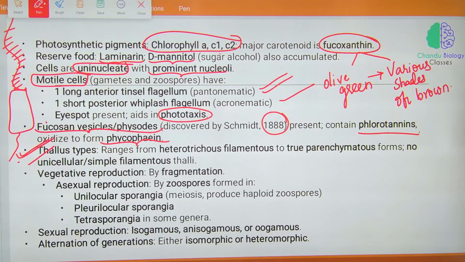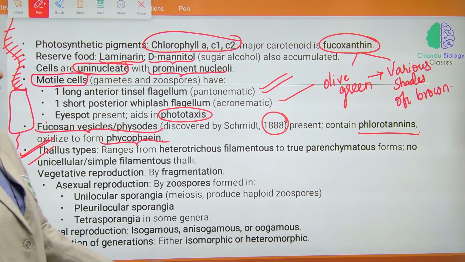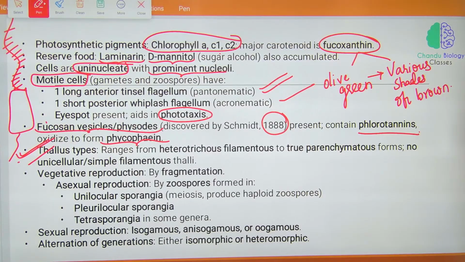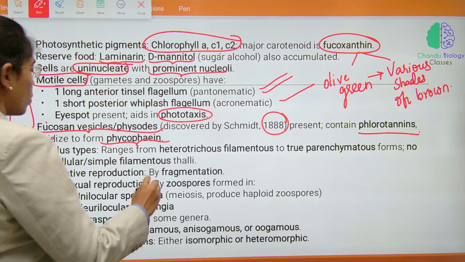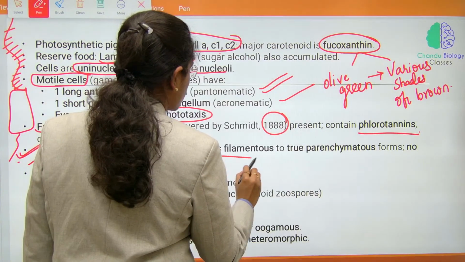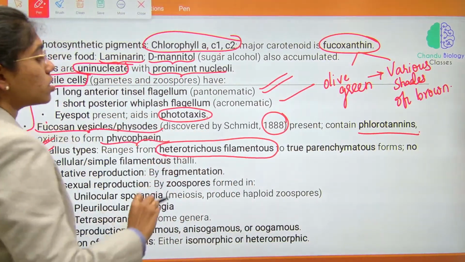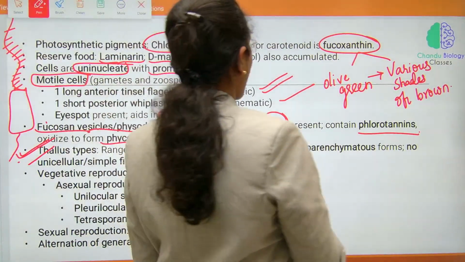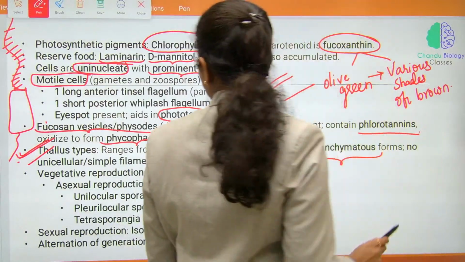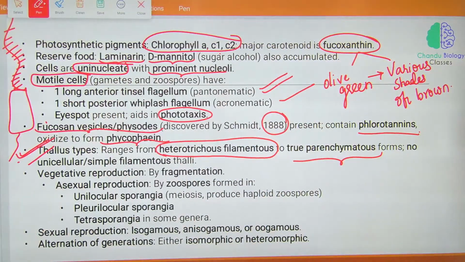Thallus type here ranges from heterotrichous filamentous forms to true parenchymatous forms. And there are no unicellular or simple filamentous thalli.